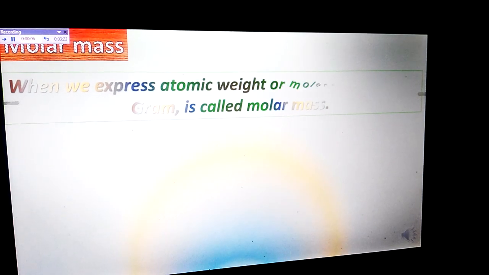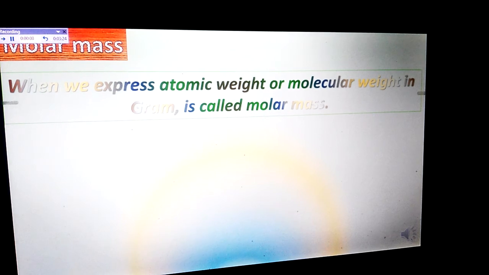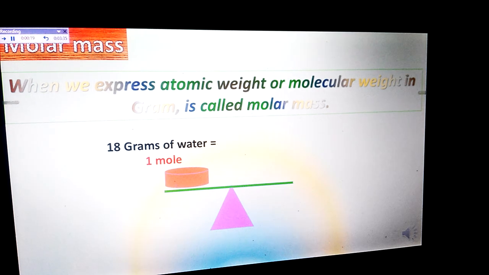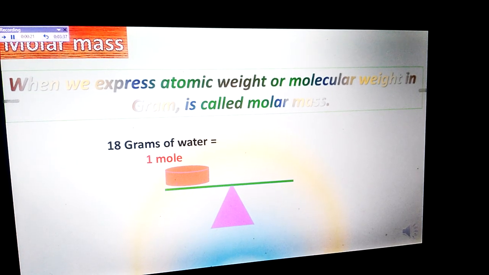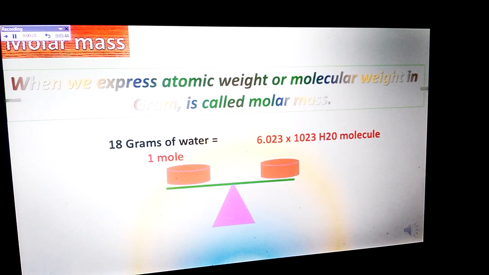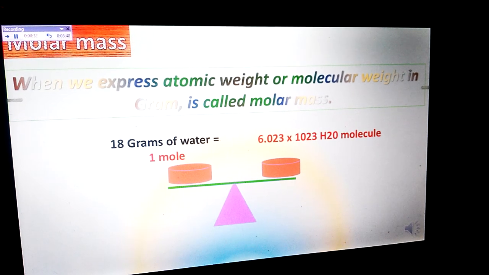Now what is molar mass? When we express atomic weight or molecular weight in grams, it is called molar mass. For example, if we take 18 gram of water, then it is equal to 1 mole, and it will contain 6.023 multiplied by 10 raised to power 23 water molecules.